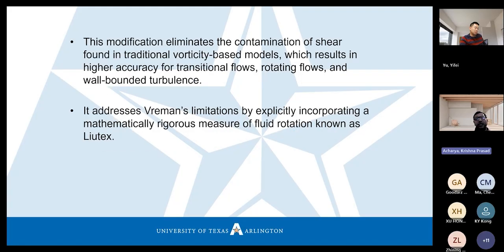This modification eliminates the contamination of shear found in traditional vorticity-based models, which results in higher accuracy for transitional flows, rotating flows, and wall-bounded turbulence. It addresses Vreman's limitations by explicitly incorporating a mathematically rigorous measure of fluid rotation, which is known as Liutex.